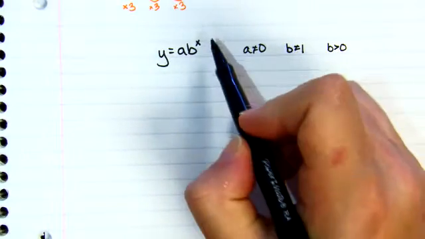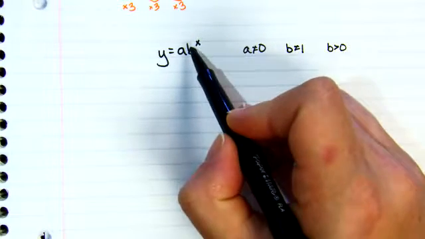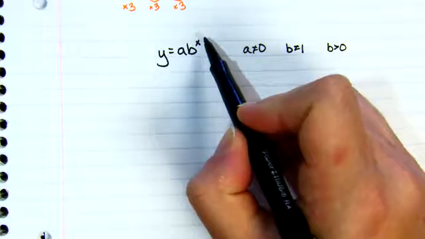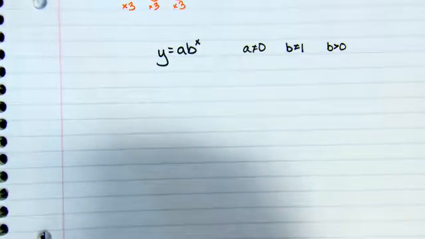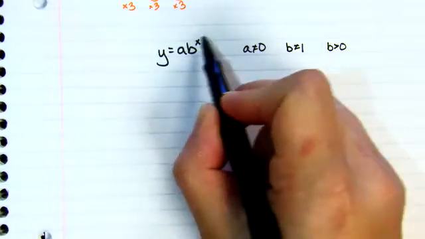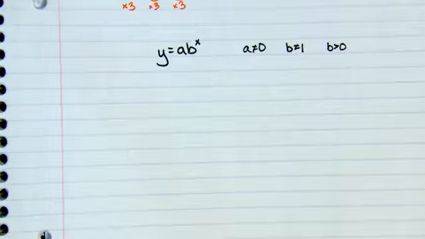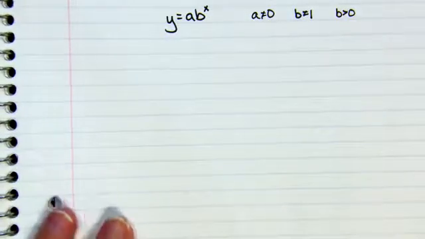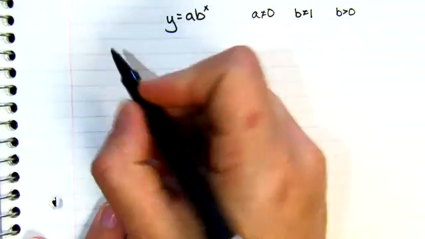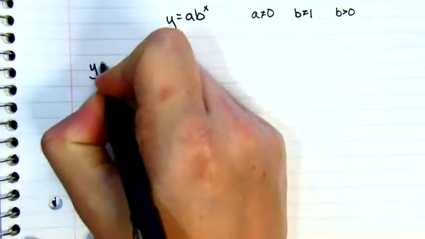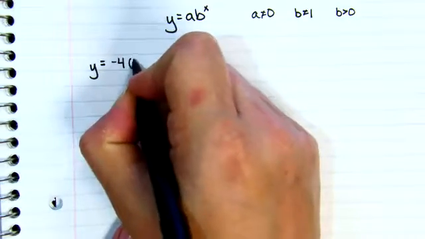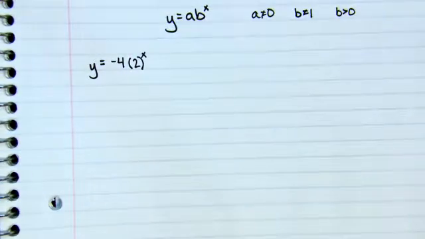And you see here that our input, or our x, is up here as the exponent, and that's exactly why this is called an exponential function. So this is the form that you're going to see. So what you will have happen is you're going to be given a function maybe. So say I gave you this function, y equals negative 4 times 2 to the x power.